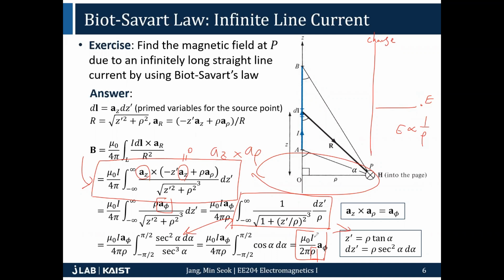The solution is also proportional to I, just as it was proportional to the line charge density. But the direction here is the phi direction, a rotating direction with respect to the z-axis, whereas in that case the direction is rho, a radiating direction. That's the big difference. But in terms of mathematics, they're basically the same, just in terms of arithmetics.